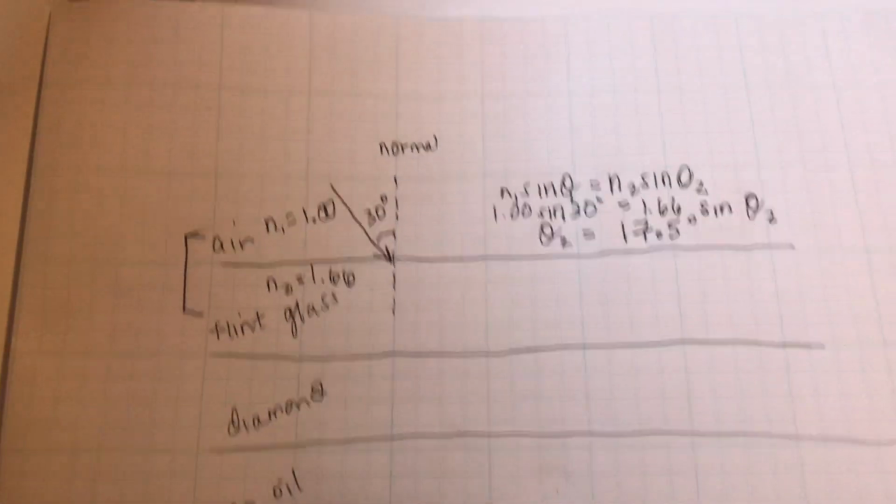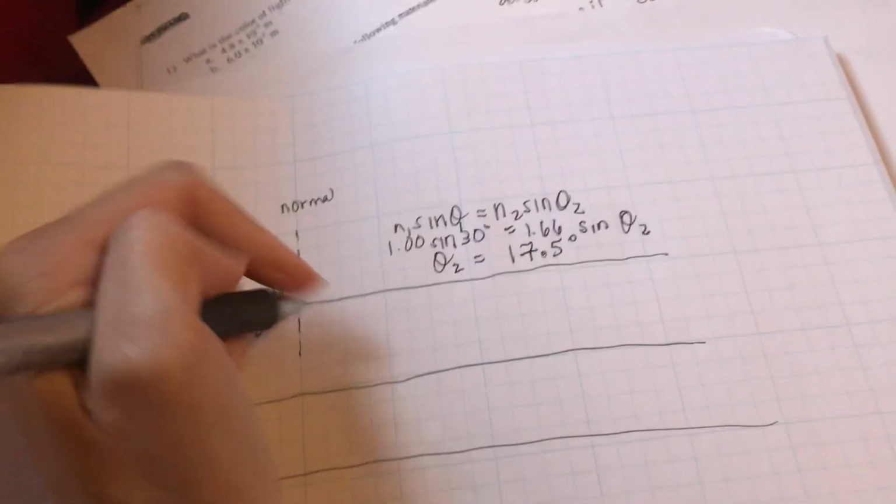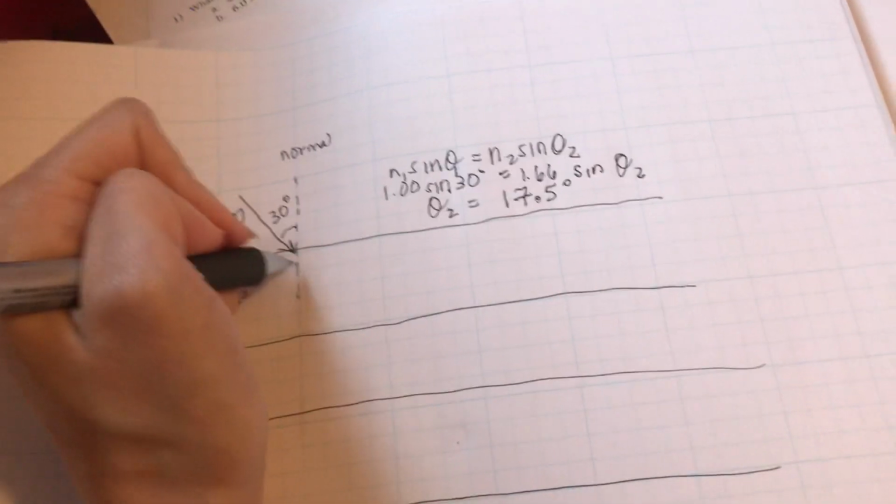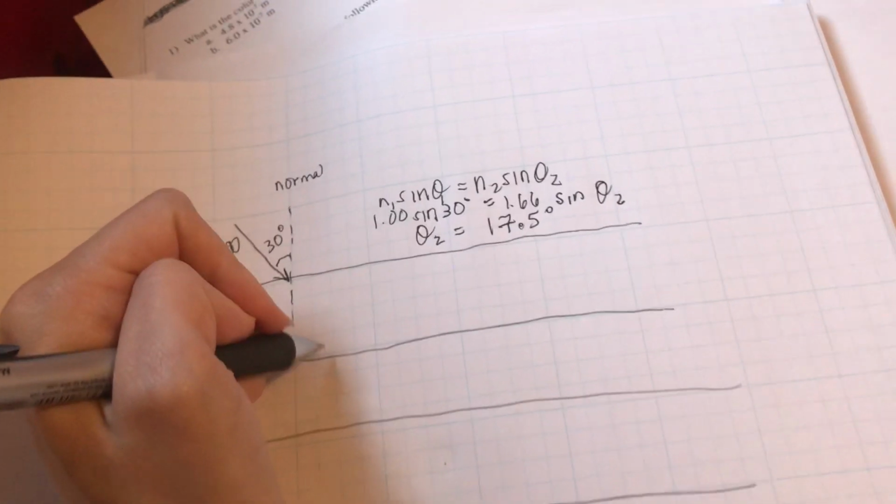Now that I have that value, I'm going to draw that in. Not only am I going to draw in 17.5 degrees relative to the normal, I'm going to draw it all the way down to the next interface.